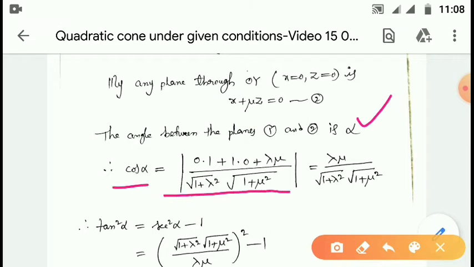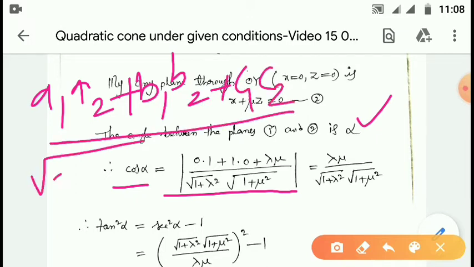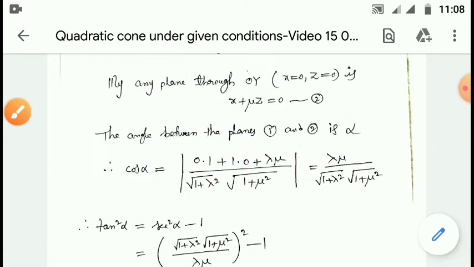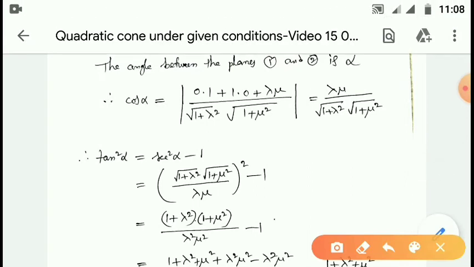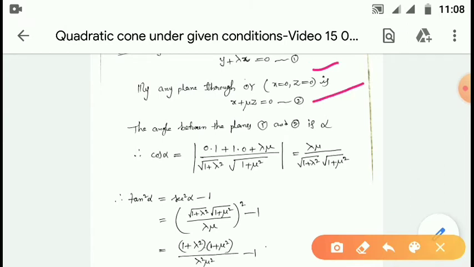Therefore cos alpha is equal to, we apply the principle to find cos alpha, that is a1 a2 plus b1 b2 plus c1 c2 by root a1 square plus b1 square plus c1 square into root a2 square plus b2 square plus c2 square. By applying this principle, we can find the angle between these two planes.